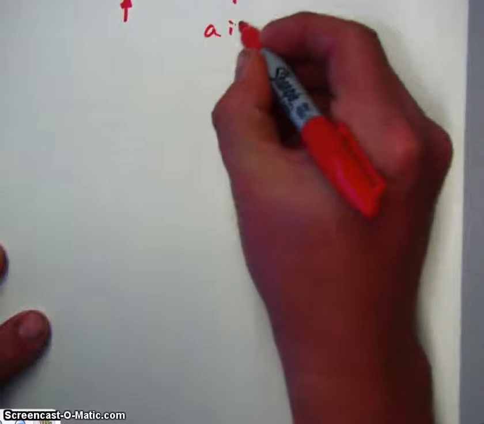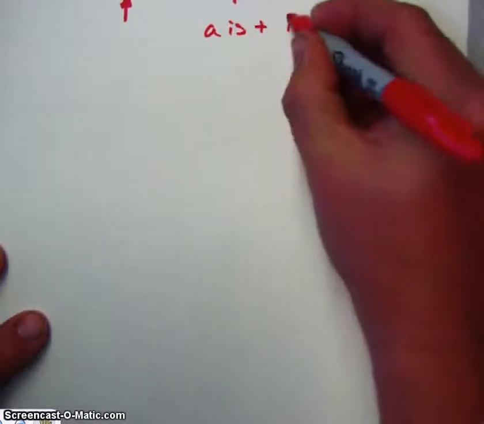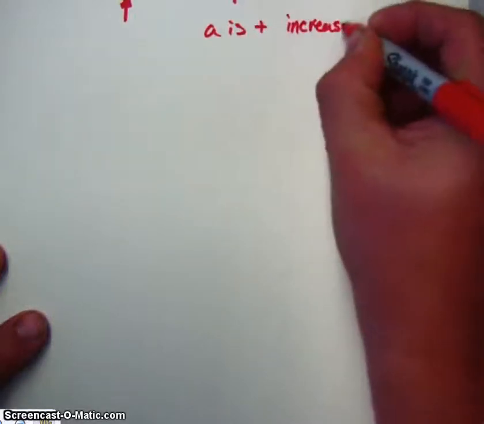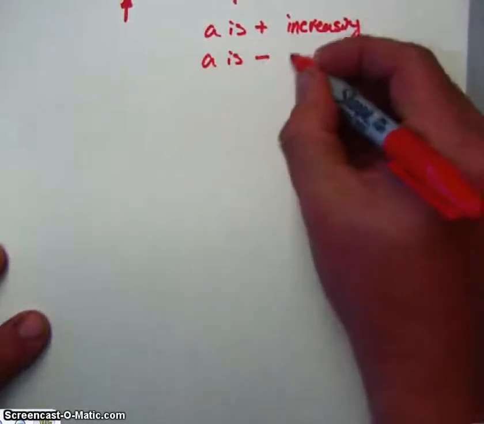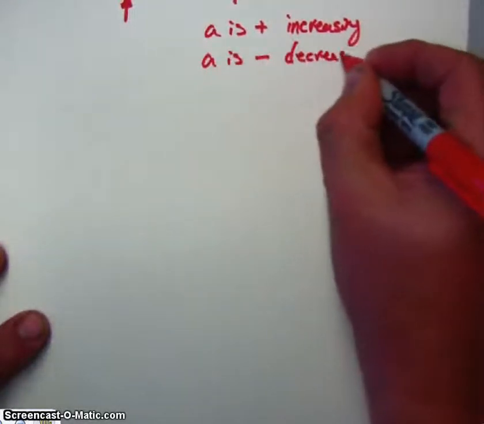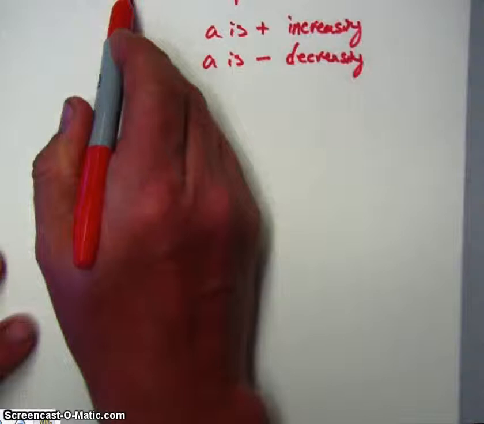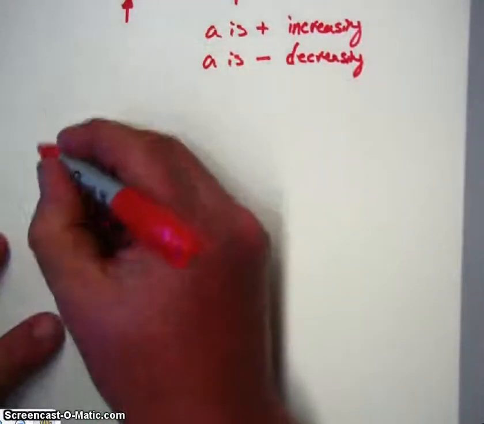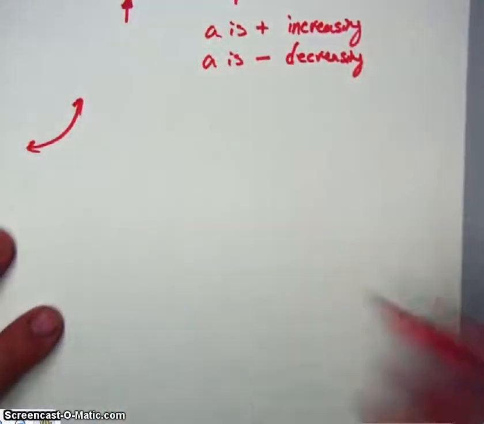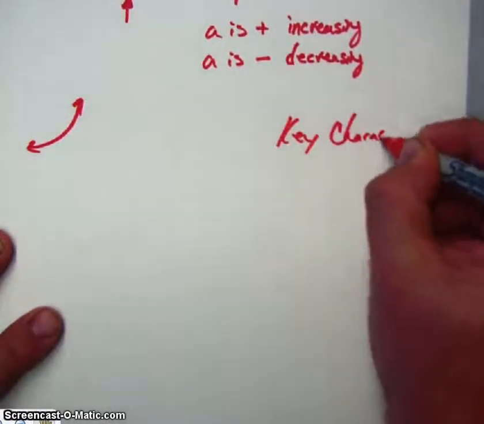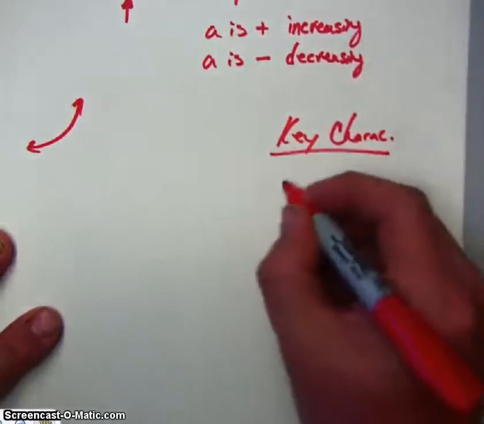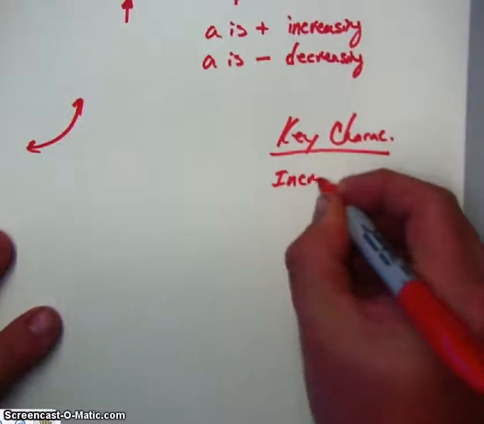If a is positive, it's increasing. If a is negative, it's decreasing. Simple as that. This is positive 1/2, so I know my graph is going to look something like that. So, first key characteristic is it's increasing.